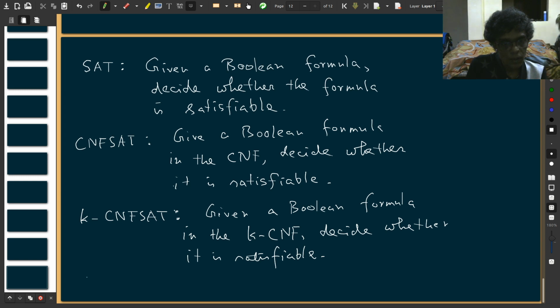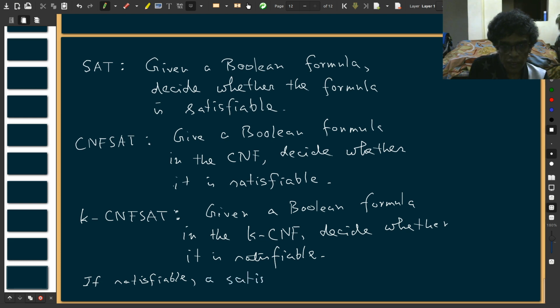So if satisfiable, a satisfying truth assignment of the input variables is a certificate.